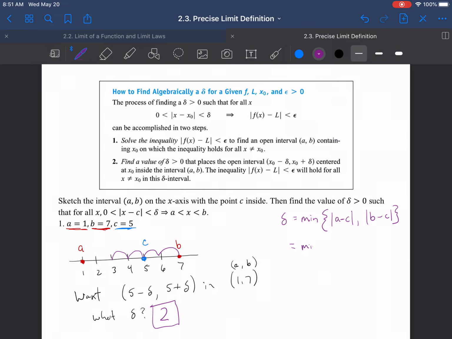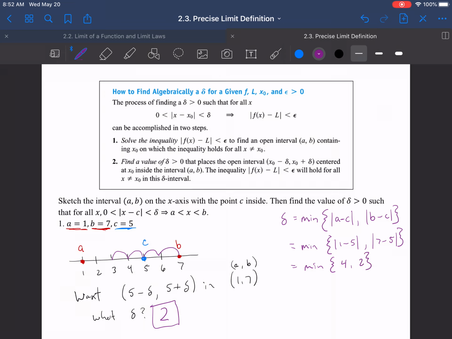And so we'll have the minimum of the absolute value of A minus C, so the absolute value of 1 minus 5, and the absolute value of B minus C, which is 7 minus 5. Now 1 minus 5 is negative 4, absolute value is 4. 7 minus 5 is 2, absolute value is still just 2.